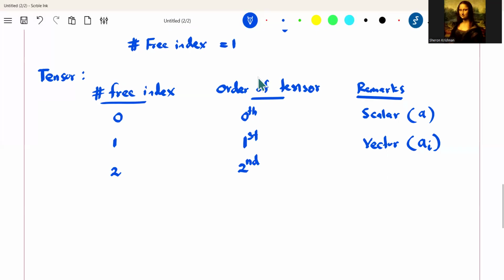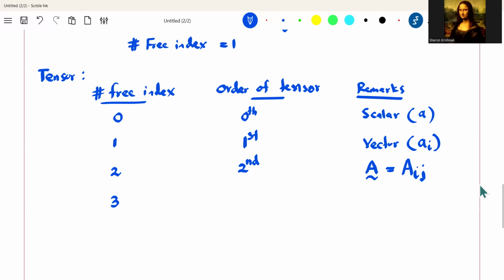In this case, to represent the second order tensor, we use an uppercase letter, and in matrix notation we use tilde. In index notation, because we have two free indices, we represent it like this, AIJ. If you have two free indices, that is called a second order tensor.